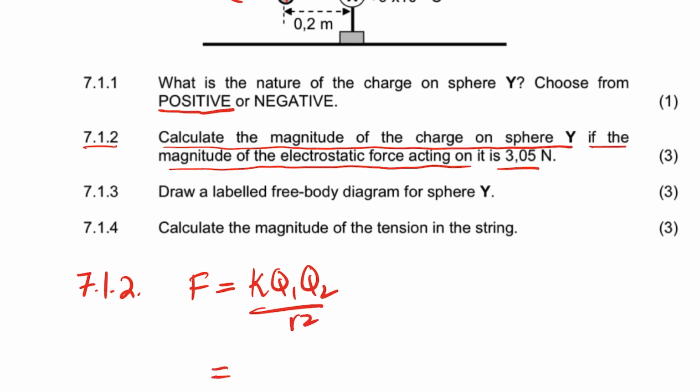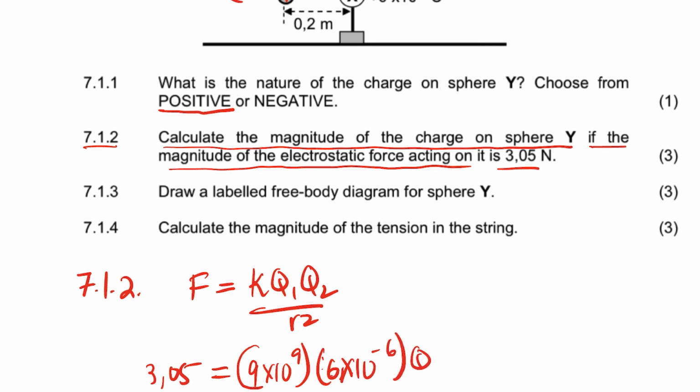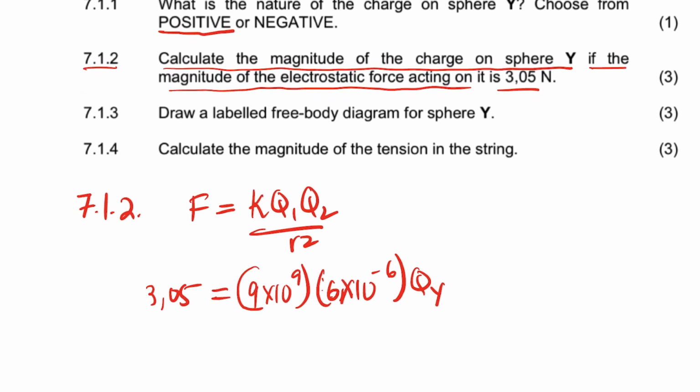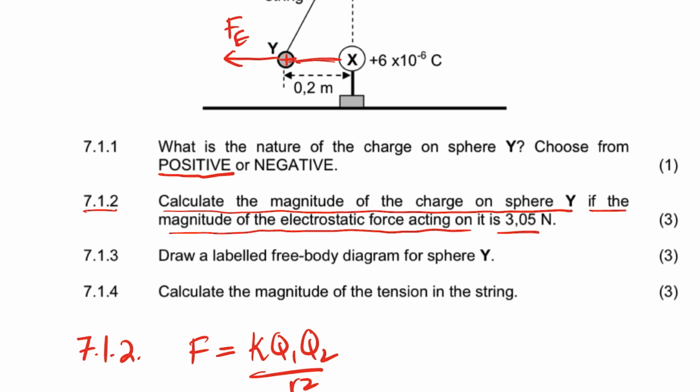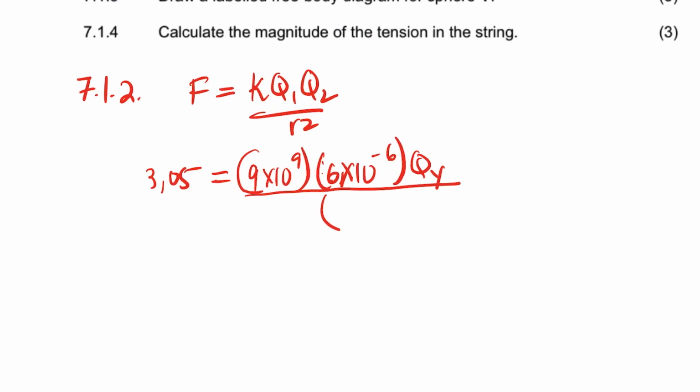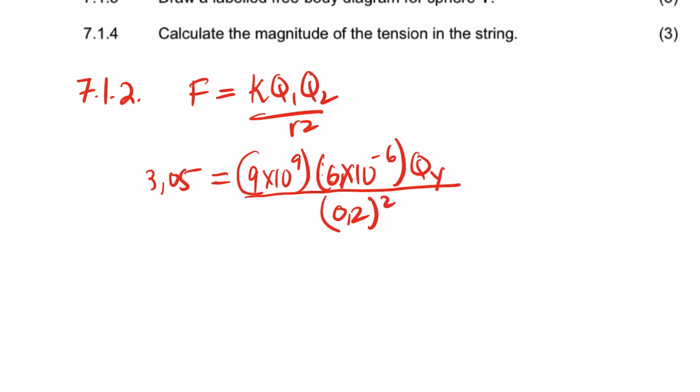So we substitute the electrostatic force, we want the charge Y, so this is going to be 3.05, and then k, it's 9 times 10 to the power 9, and then this is sphere X, so we'll say 6 times 10 to the power negative 6, and then this will be sphere Y, the one that we want, and the distance between them is 0.2 squared.